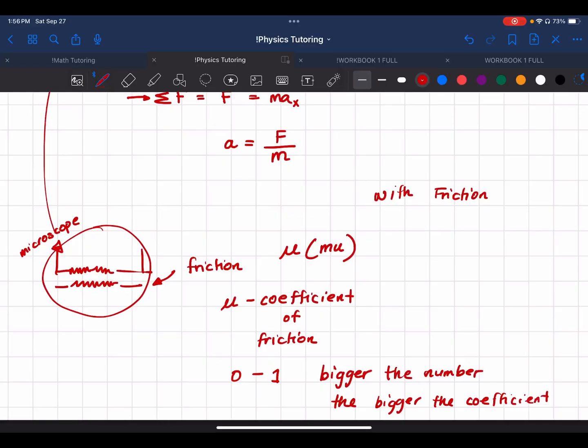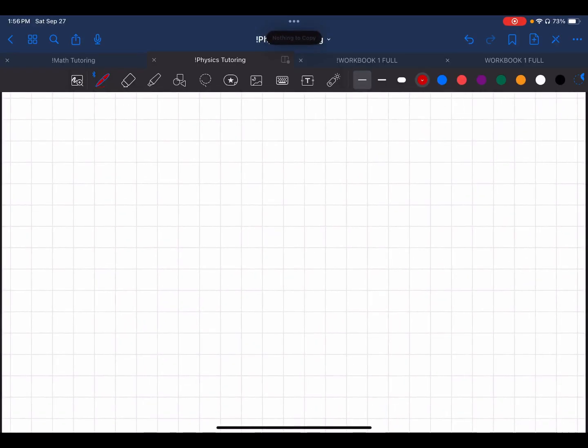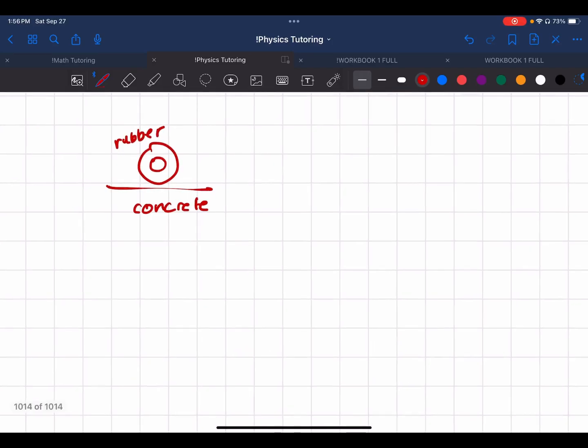As an example, since we were talking about cars, you have a wheel on concrete, rubber on concrete. I actually don't know what the coefficient is, but I'm pretty sure it's close to 1. Probably like 0.90, I'm assuming. I'll have to look it up. Between rubber and concrete, that's pretty high friction in my opinion.